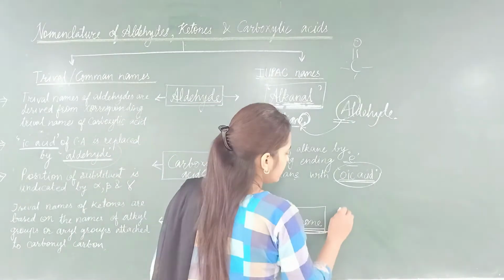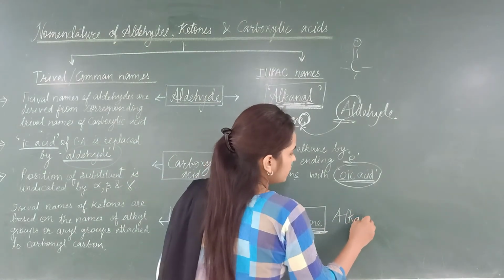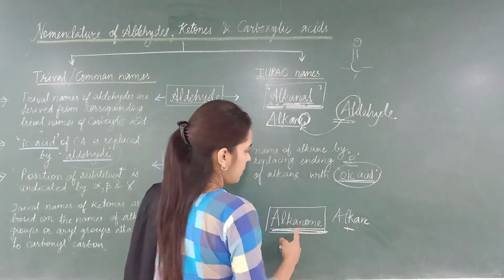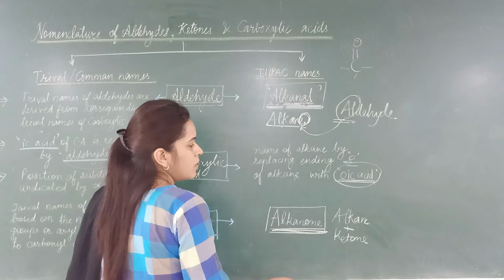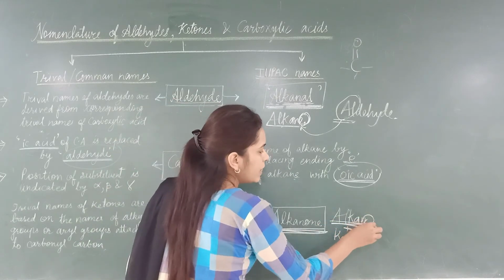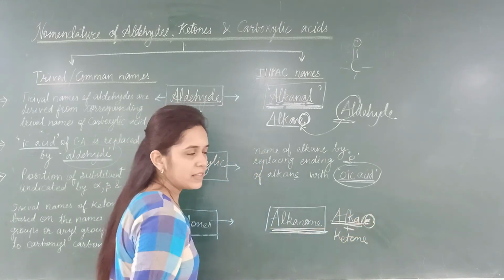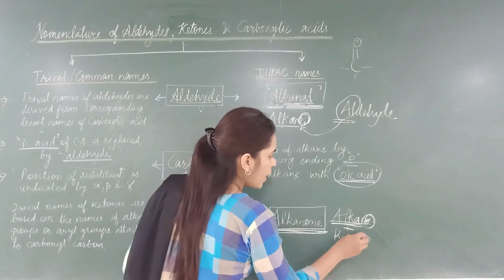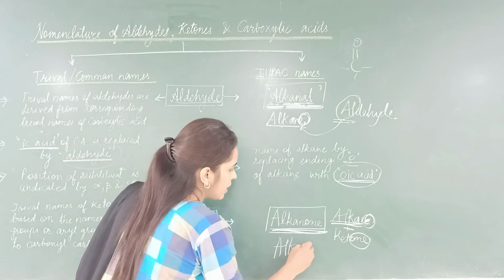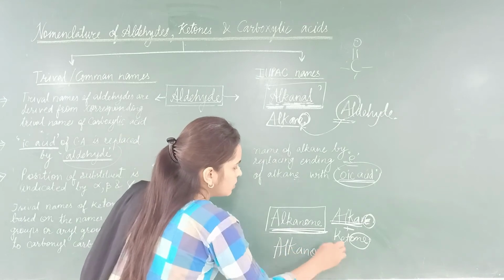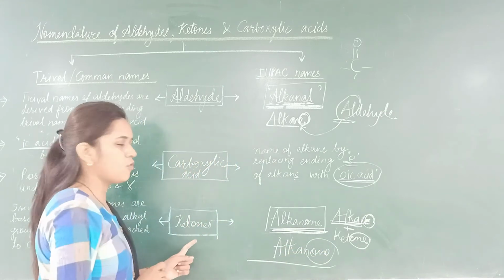How will it arise? Alkane plus ketone: the E of alkane is replaced by O and E. Hence the name is alkanone. So this is the IUPAC name for ketones.